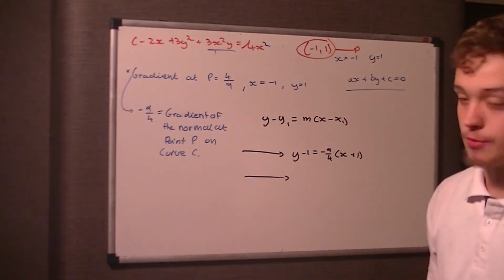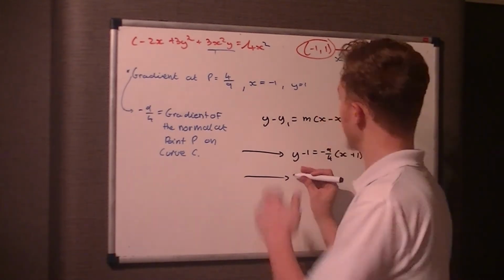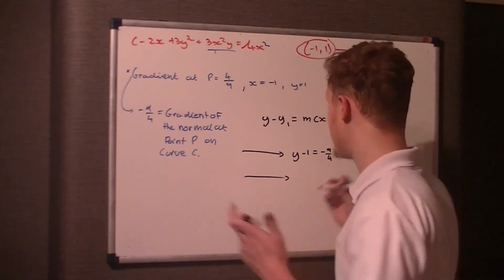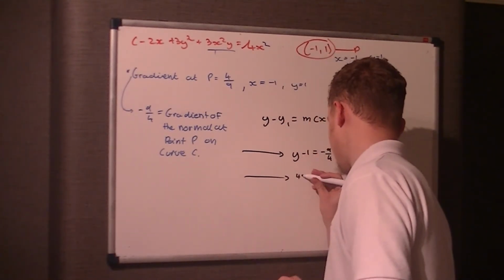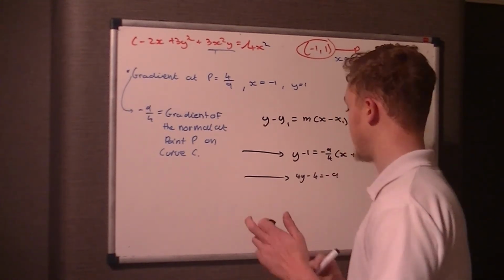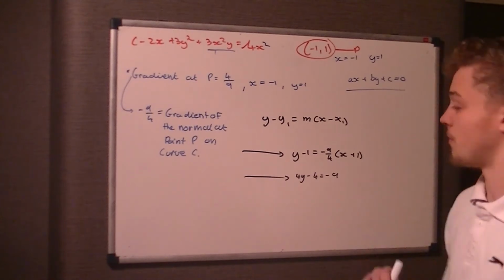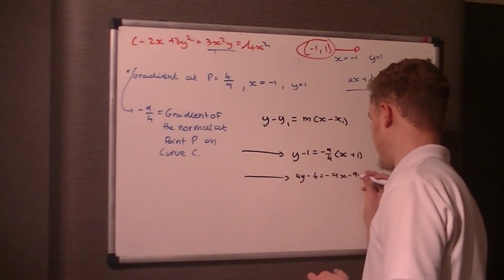Okay, so instead of expanding this bit out like we normally would, what we're going to do is times the whole equation by 4, because we want to get rid of this fraction. So times all of it by 4. So 4y take 4 is equal to negative 9, and then I put in brackets x plus 1, but I'm just going to expand that. So it's negative 9x take 9.